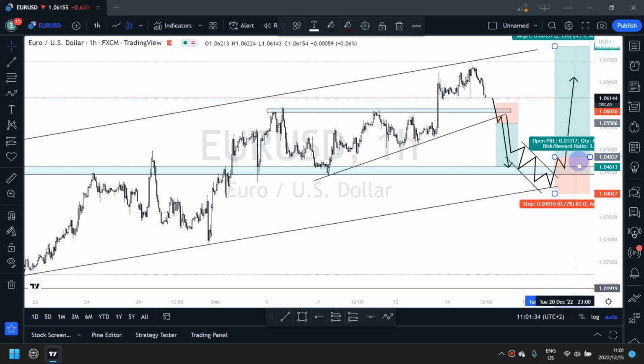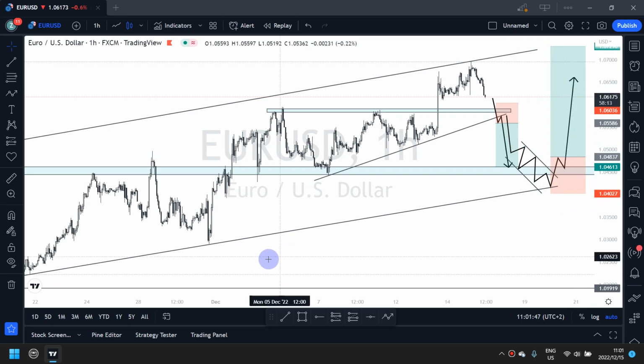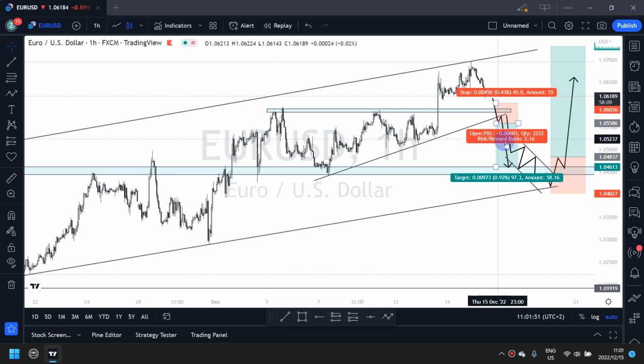And as you can see, the risk reward ratio is a good 3.04. So I would make more profits on a buy if it's an overall buy than sell. So here the sell is a 2.16, here it's a 3.04.